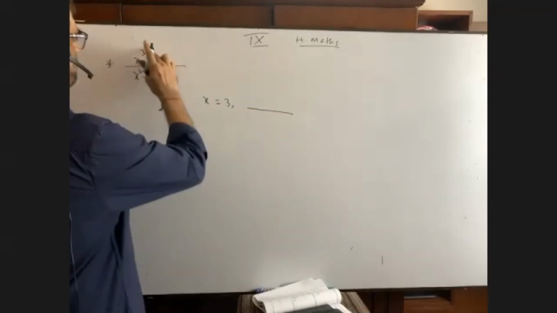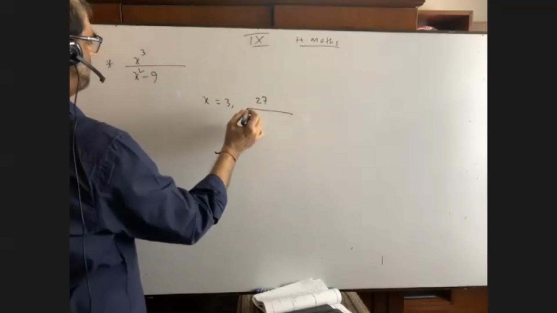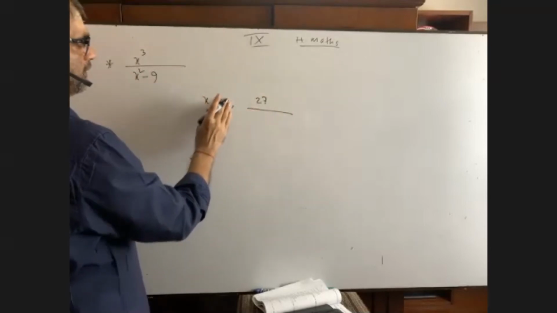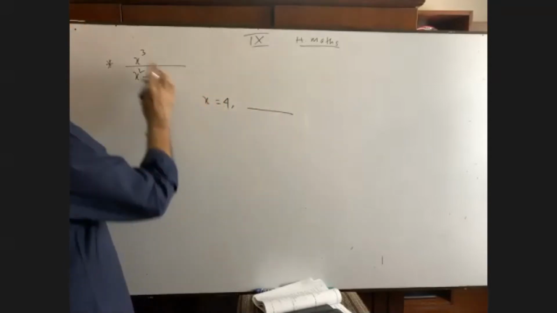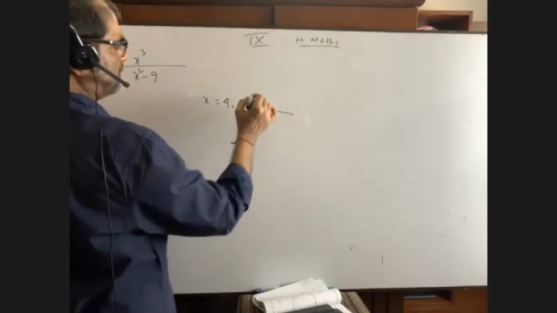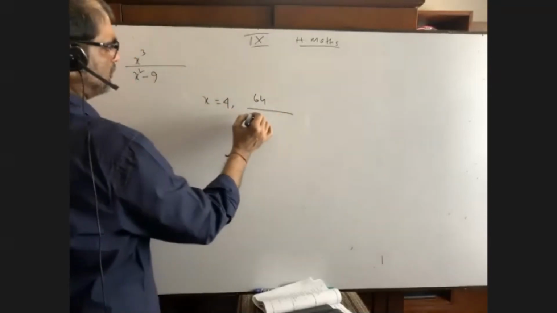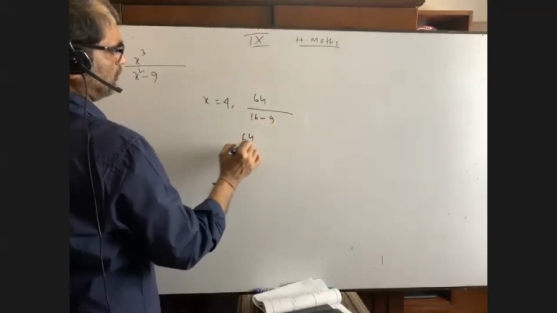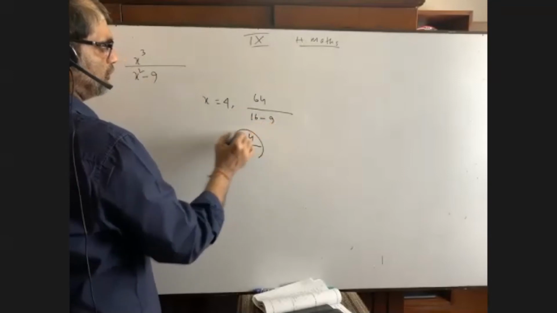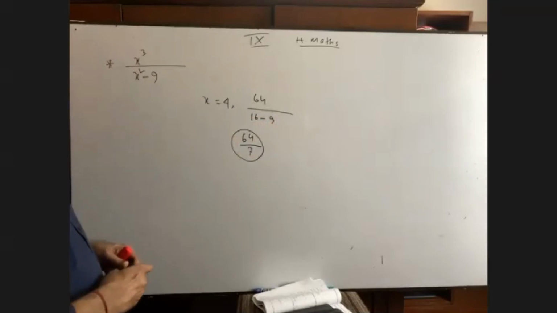Then we are getting 27 by, okay, for 3 it won't be. So take suppose x equals 4. 4 cube means 64. 4 square means 16 minus 9. So 64 by 7. So it is an improper fraction. For our last all maths, it was proper fraction.